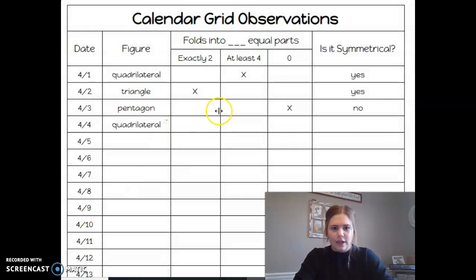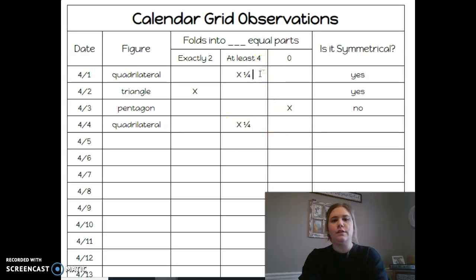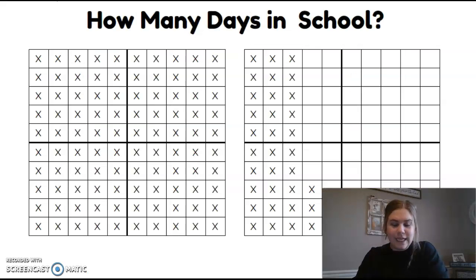We're already here. So this one folds into at least 4. And we know that that equals 1/4. And this one also folds into fourths. And our triangle folds into halves. So we're going to put 1/2 there. And our quadrilateral, is it symmetrical? Yes, it is.